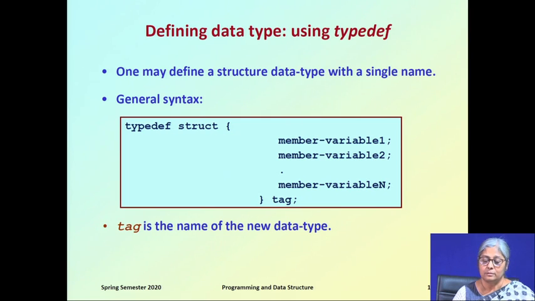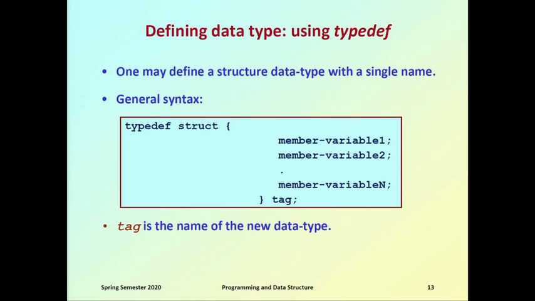Now, typedef we have also read, but since I mentioned that it is very important, we want to define a new type like integer, float, char, which C already provides. The user can define its own data type using a structure.